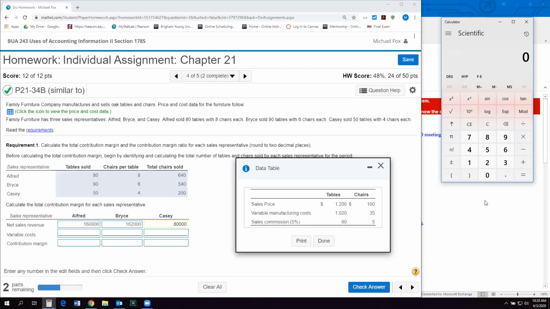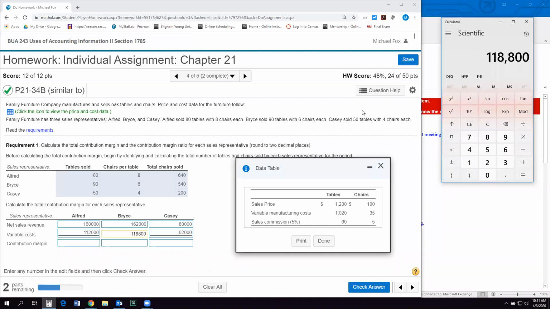For Alfred, 80 tables at a cost of $1,080 a piece, plus 640 chairs at a cost of $40 each. So the total variable cost for Alfred is $112,000. Now I'll pause it while I work out the other two.